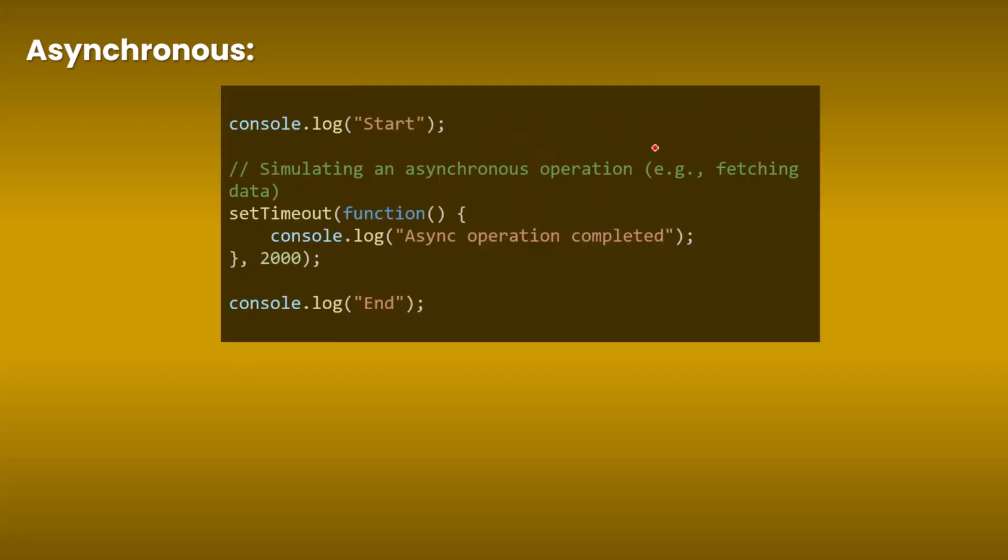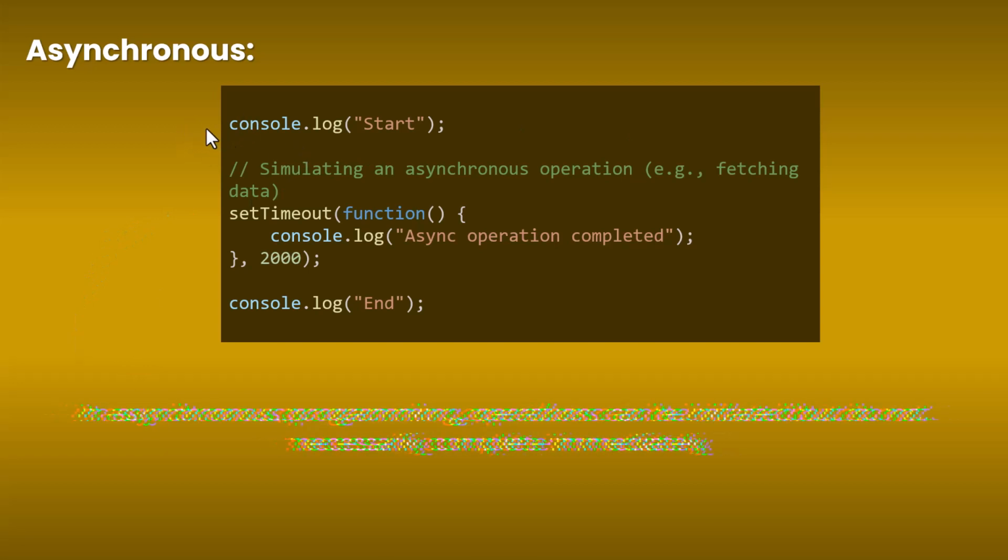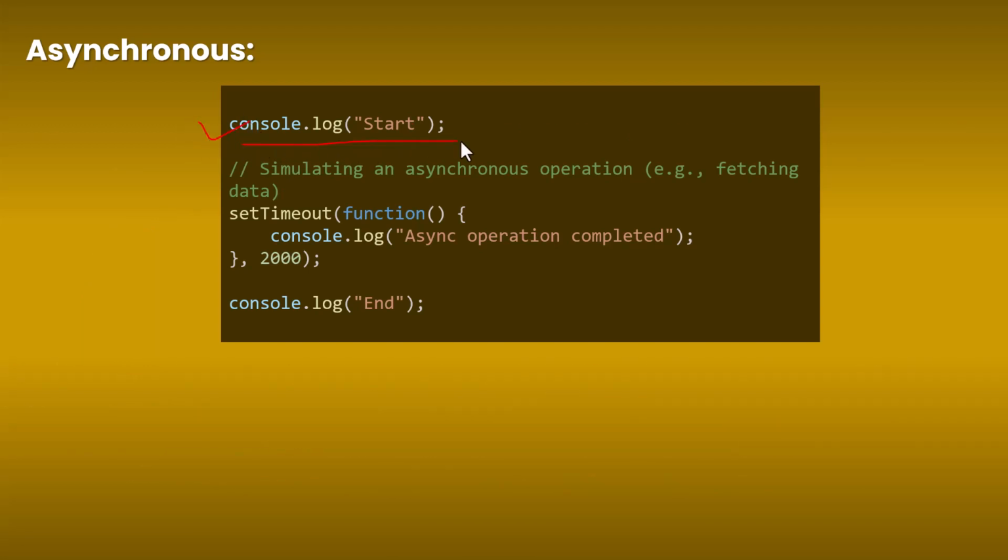Now let's move to asynchronous programming. In asynchronous programming, what happens? Operations can be initiated but do not necessarily complete immediately. In this example, you can see that we have a console log, which will execute immediately, but here we have a line setTimeout. setTimeout is a standard function which takes two parameters.